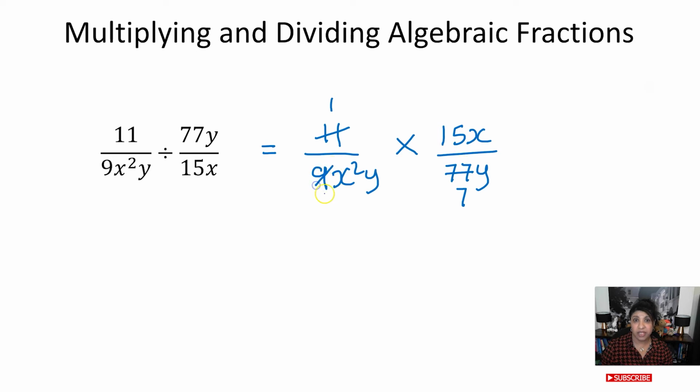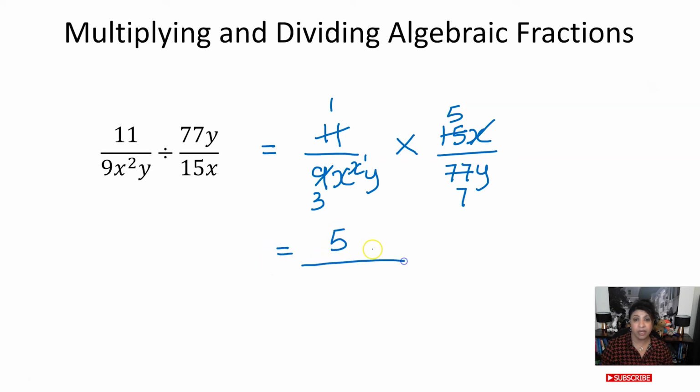So how many 3s are in 9? 3. How many 3s are in 15? 5. I also have 1x here and I have 2x here. So this x will go and this x will just become 1. So now I have 1 times 5, which is just 5 for my numerator.